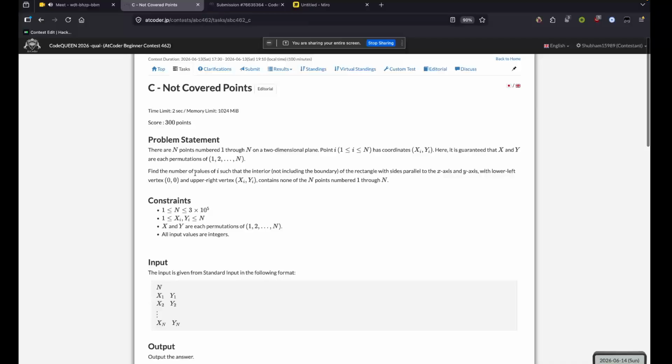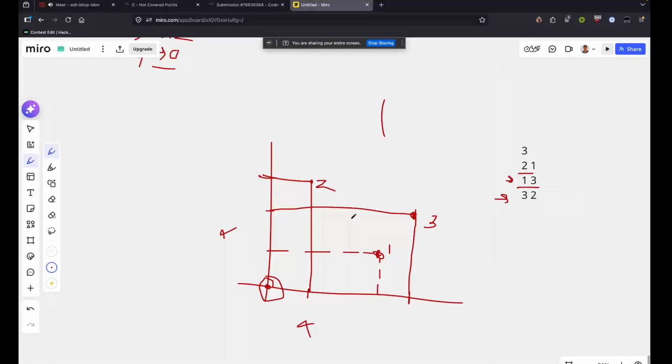The question is to find the number of values of i such that we need to check the coordinates. Suppose we are taking this rectangle. Inside this rectangle, we can clearly see there are no vertices present, right? And if I talk about this rectangle, inside this also no vertices are present.